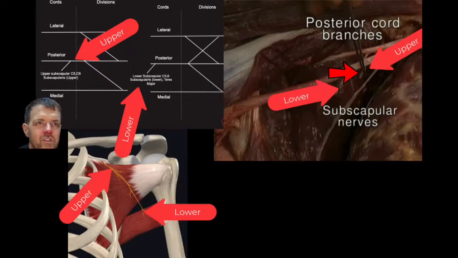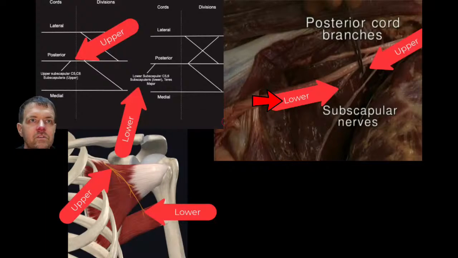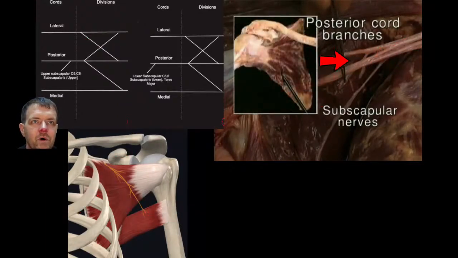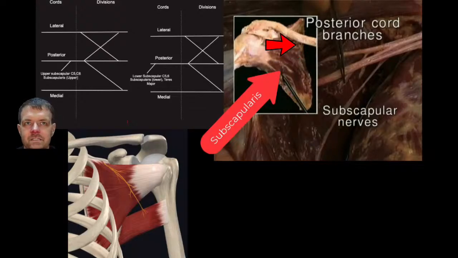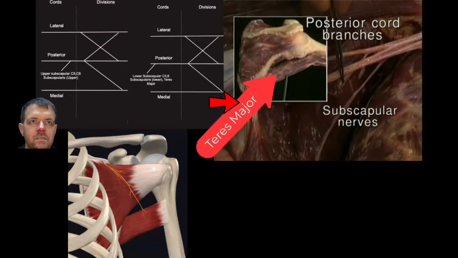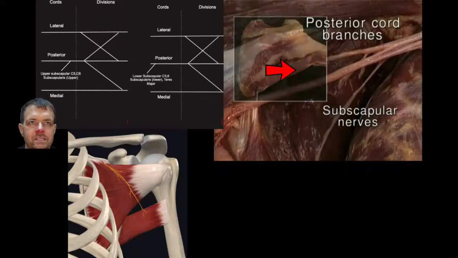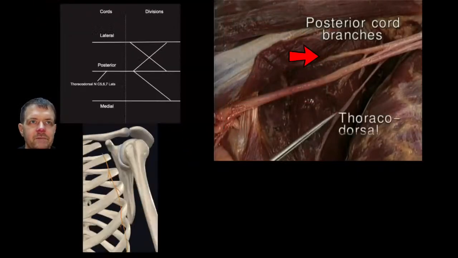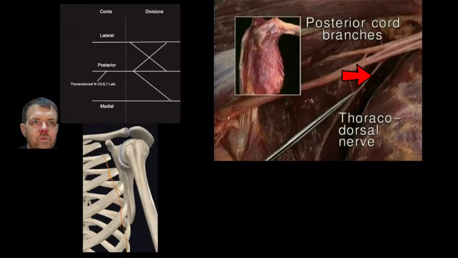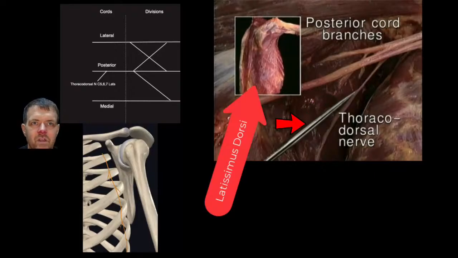Okay, so you can just about make out the difference in the color of the anatomy in contrast to the muscles. I'm just going to play that through. So there's the lower one, there's the upper one, and that supplies this subscapularis muscle. So one of the big internal rotators and your teres major, sorry. And then this one, this is the big nerve coming down.